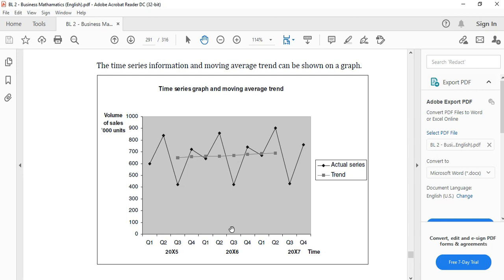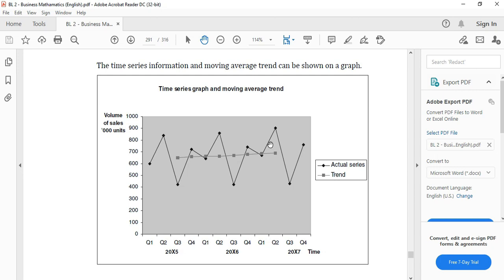Same like that, quarter 3 in 2006 also has low sales. Quarter 3 in 2007 also has low sales. And if you take quarter 2 of every year, it has the higher sales. So, what do you think of these similarities? It means that there is a common seasonal factor that affects these sales every year.